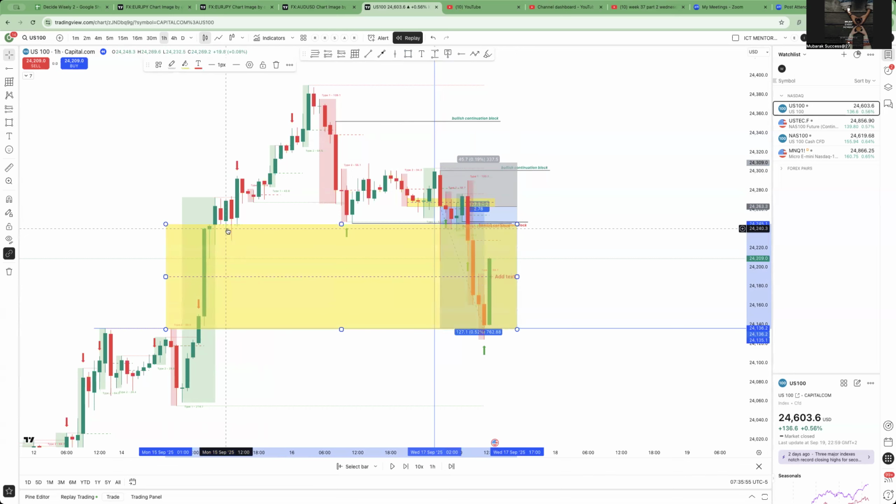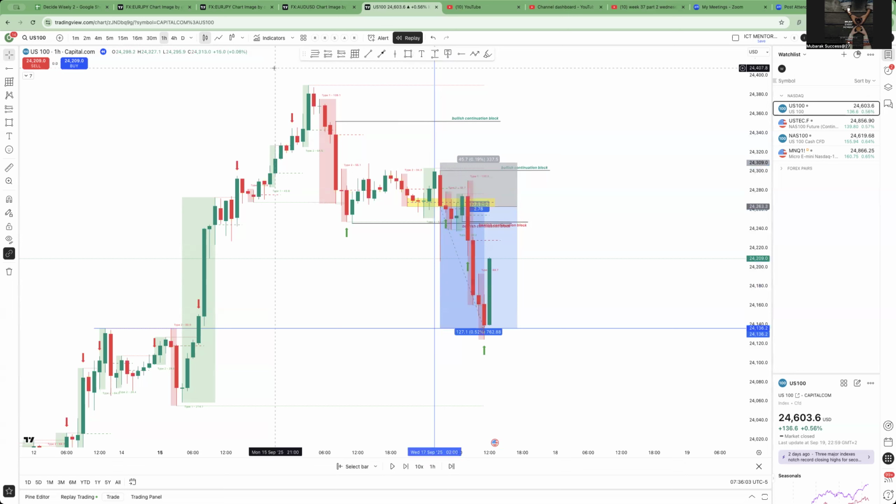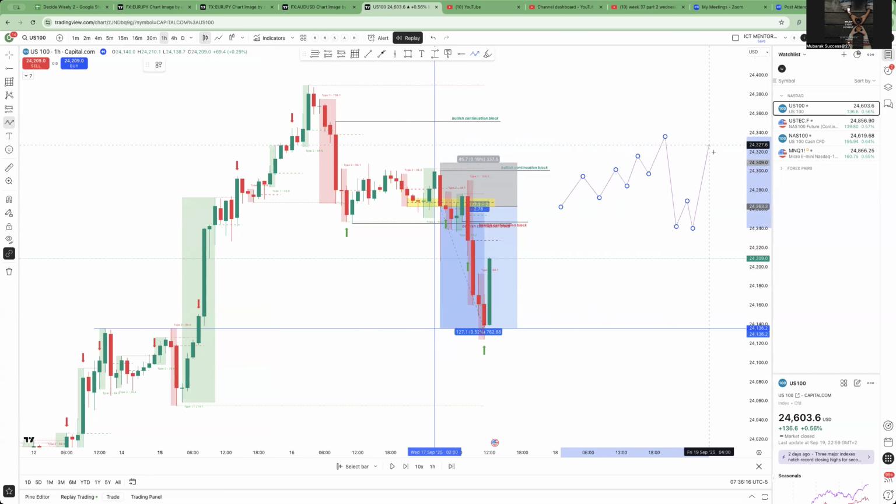I didn't look at the efficiency from the perspective of this needing a red candle. No, I look at efficiency in the sense that every expansion should take the next expansion. Market should not be inefficient. So if we are saying it's an expansion, if it retraces and goes back up, the next one should touch it.